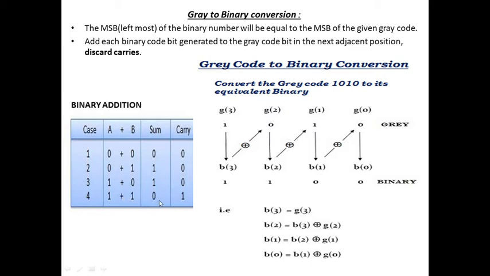There is a carry, but I said what? Discard the carries. We are not interested in these carries, ignore them. Then 1 plus 1 is 0, and 0 plus 0 is 0. So the binary equivalent is 1100.